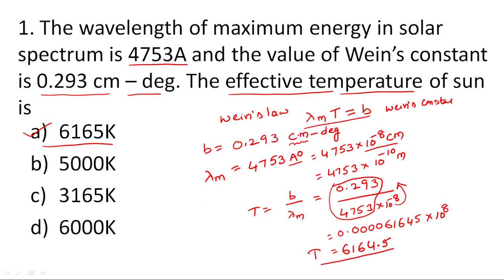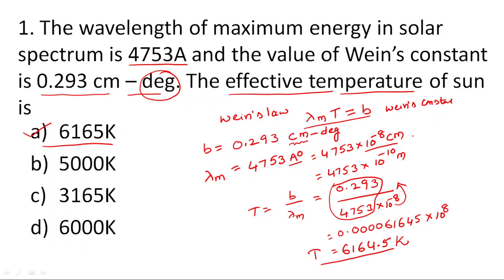Here there is a small confusion, because the temperature is given in degree Celsius, but we get the answer in Kelvin. It is not in degree Celsius. The temperature itself is on the Kelvin scale. Why?